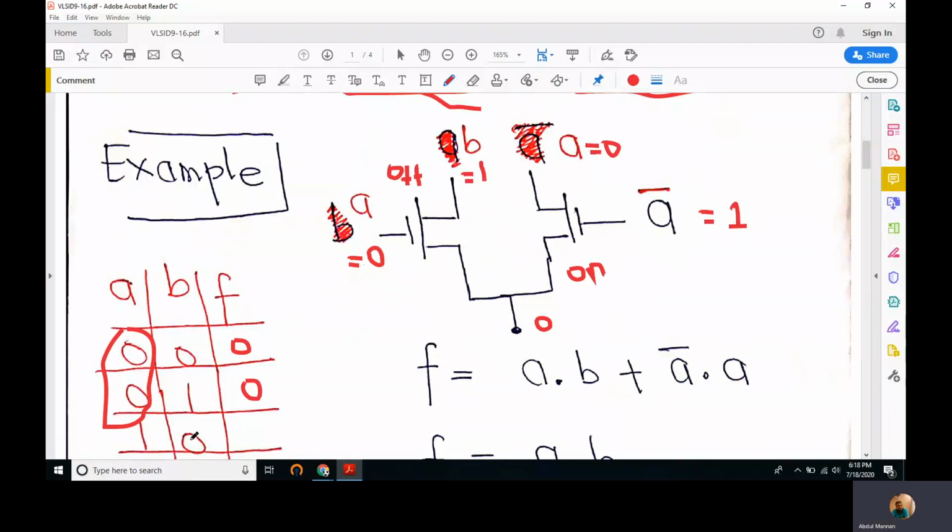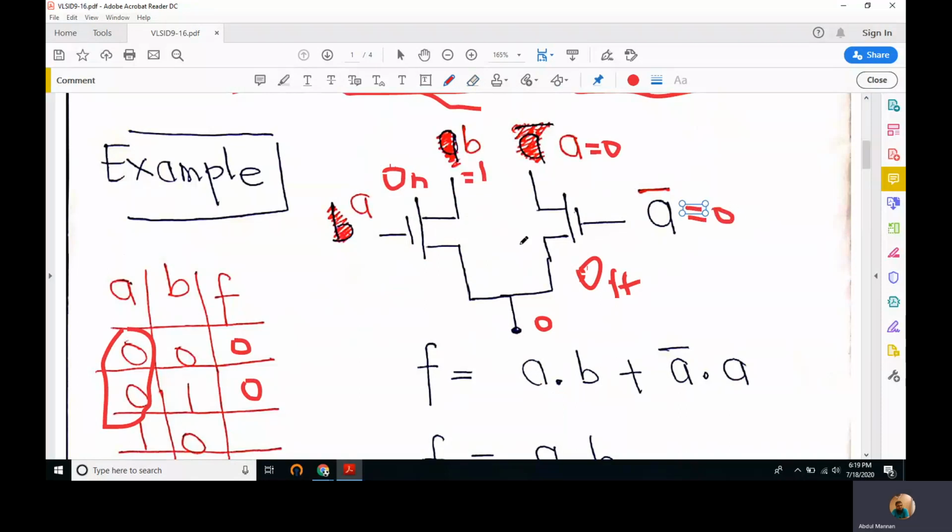And for the input combination 1, 0, this left transistor is now on. When A is a 1, this transistor is on and the right transistor is off, because now A is equal to 1, which means A bar is equal to 0.